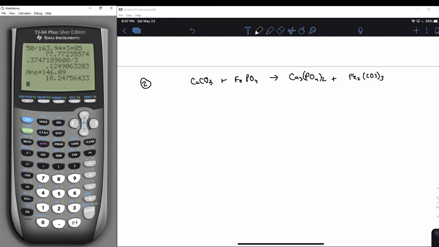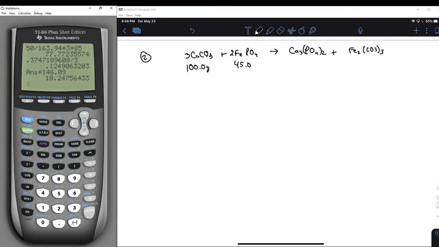So we have to balance here, and so we end up putting a 3 and a 2 here to balance that. Okay. So we're saying we start with 100 grams of calcium carbonate and 45 grams of iron 3 phosphate. So what is the mass of each product that can be formed?